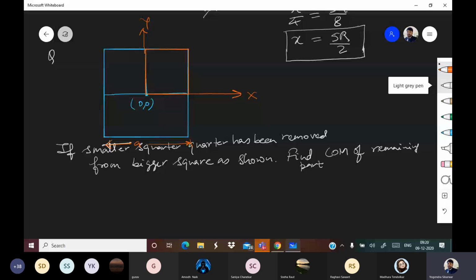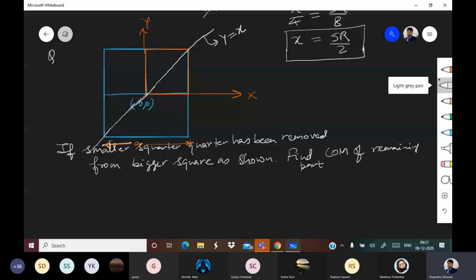First of all, can you see that this setup is symmetric about the line y equals x? Even if you remove a part, the setup will still be symmetric about the line y equals x.